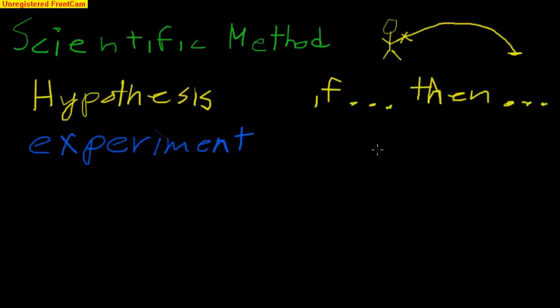So, if we're testing out, I guess, the ball thing, we would have to throw the ball with the exact same speed at the exact same angle. So rather than using a person, we would have to have one of those ball thrower things, and then we would calibrate it to make sure that it released at the exact same speed, and that the angle was the same, and that the temperature of the air was the same, and everything else.